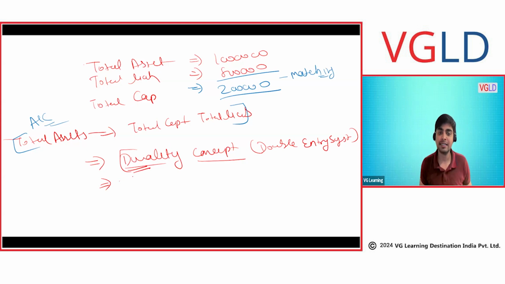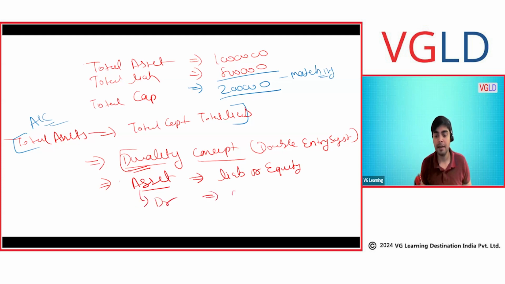What the double entry system says is that for every asset, there is a liability or equity. What it means is that for every debit there is a credit. We can also understand it from the income statement. This is from the balance sheet point of view. Let's understand from the P&L point of view.